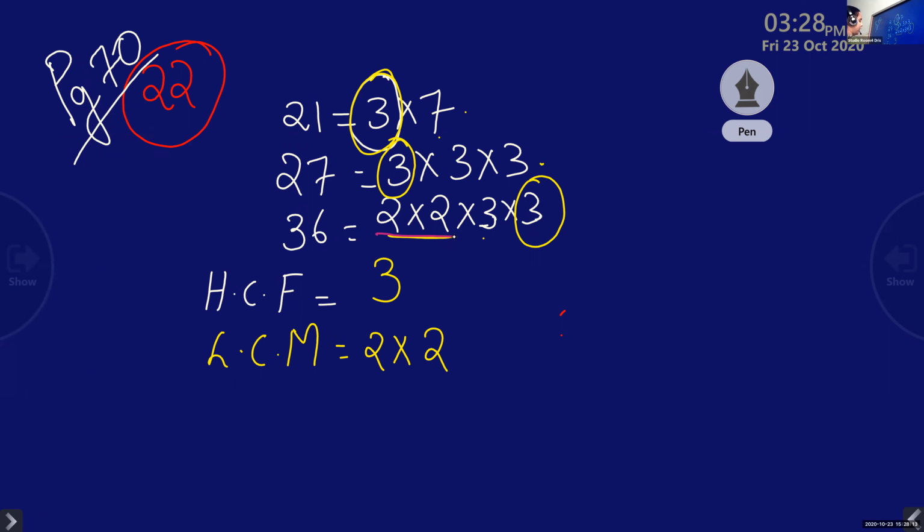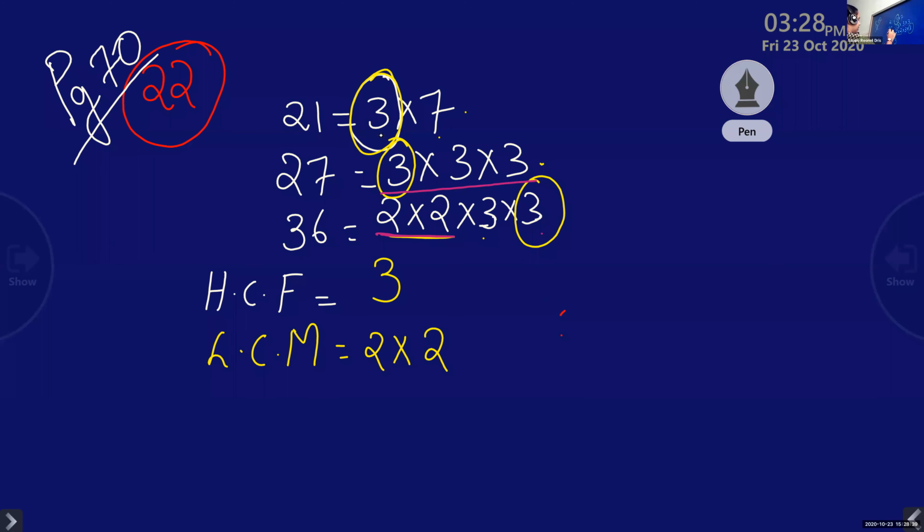And here, what about 3? Don't count everything together. In 1, here 2 is repeated maximum 2 times. Here 3, here 1, here 1. So how many times is 3 repeated the most? 3 times.